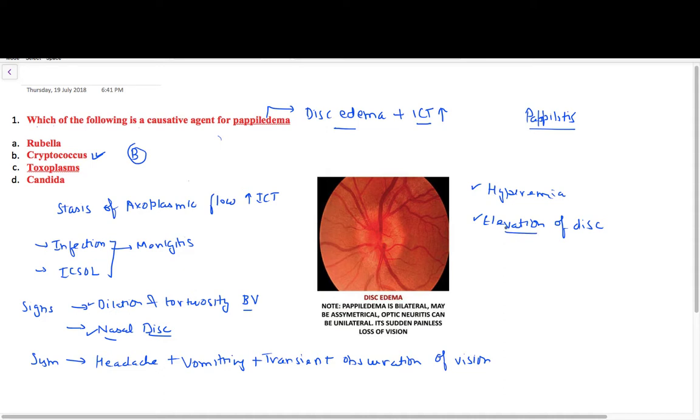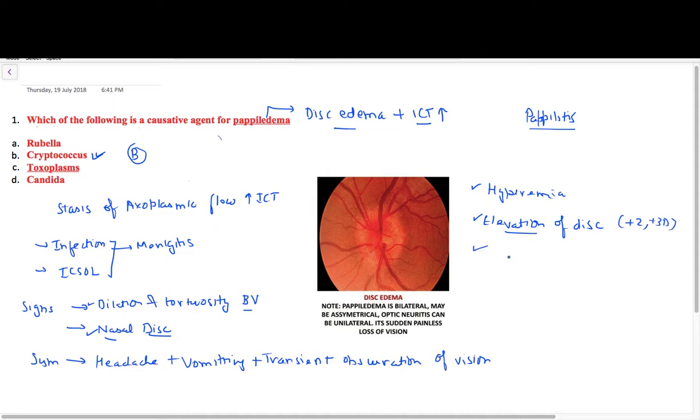Normally when there is swelling, it bulges out the disc. You can normally focus on the disc with a direct ophthalmoscope at zero power, but during papilledema you are able to focus only at hypermetropic powers because the disc is elevated. This is given in some books as +2 or +3 diopter elevation of the disc.